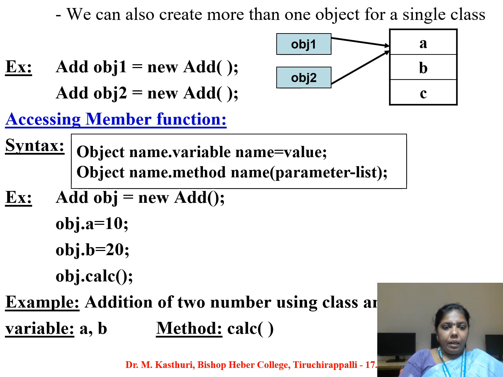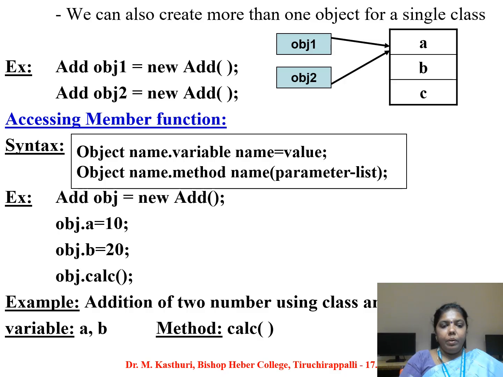For example, consider this particular part of the coding. The add class is created with the obj object. Within the add class, we have three different variables, A, B and C. If you want to initialize the A variable and B variable in the main class, at that time you need to specify the object name, dot, variable name.